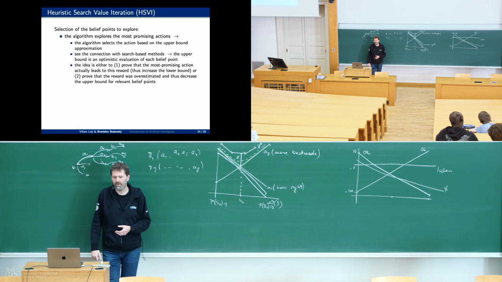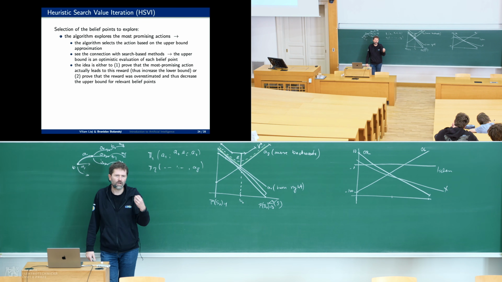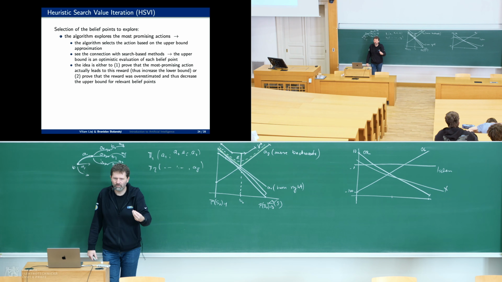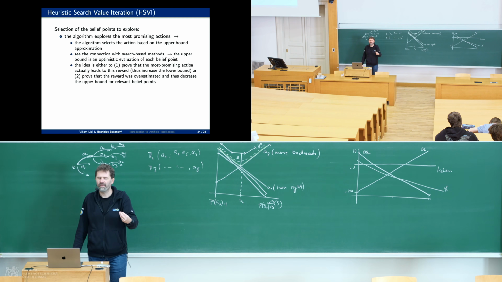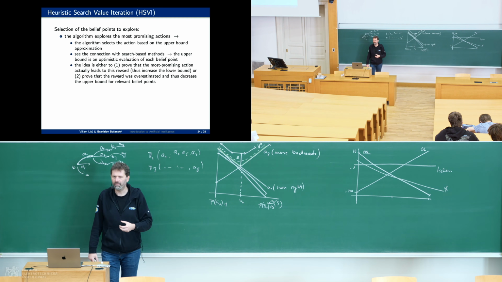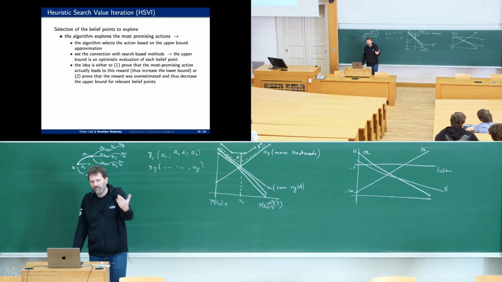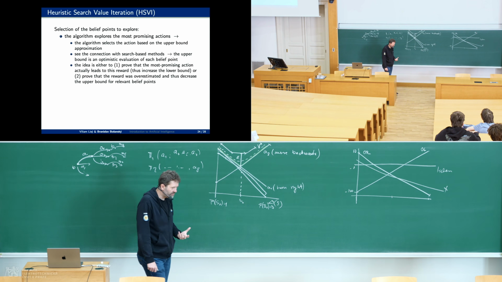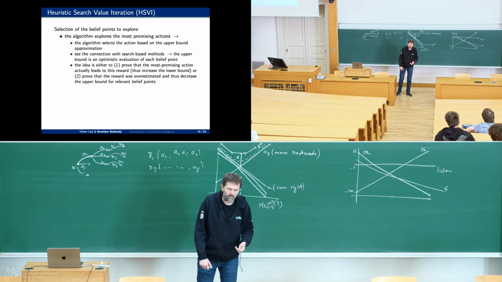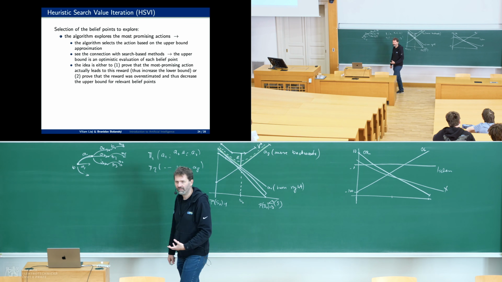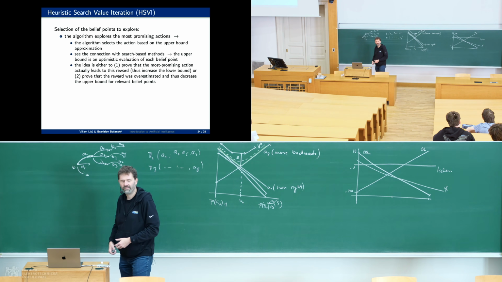And there is a clear idea why the search is driven by the upper bound, because one of two things can happen. Either our upper bound was correct, and then we will discover the good strategy, good policy, and we will have a good solution of the problem, right? So this is one thing that can happen. Another is that our estimation in the upper bound was incorrect, it was too optimistic, and we will decrease it.